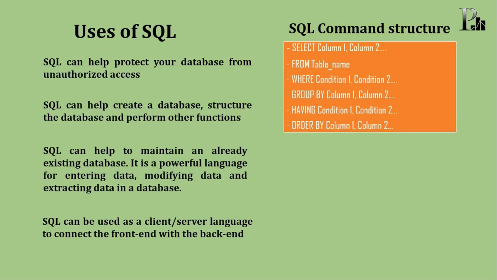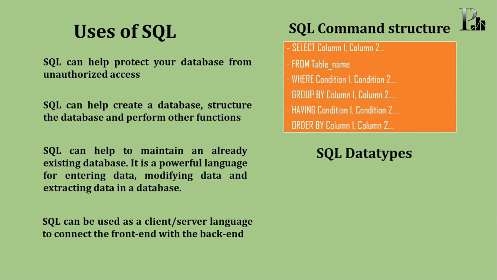And from, you go enter your table name, where then you fit give your condition. If it be one condition, if it be two condition. If you also group by column, if it be maybe any column where you want group by, then having maybe if you add another condition, and you fit order by any column where you want. So now an example of the structure where SQL dey follow be this.